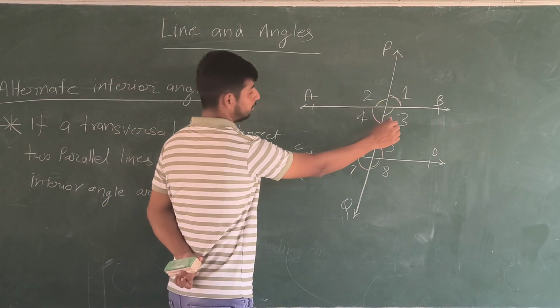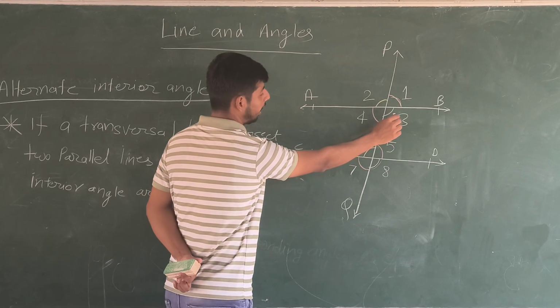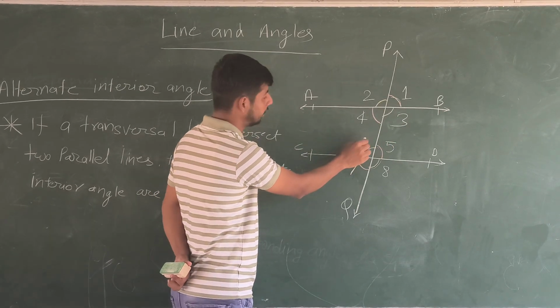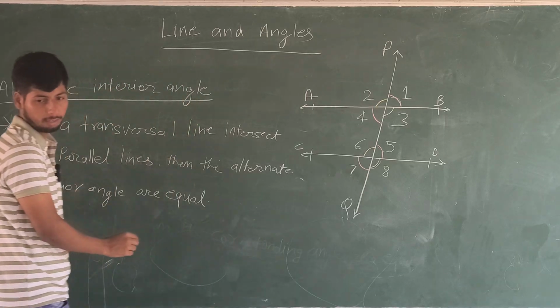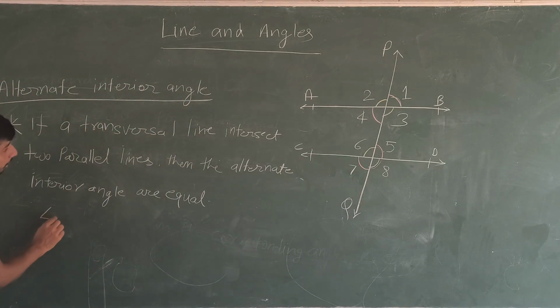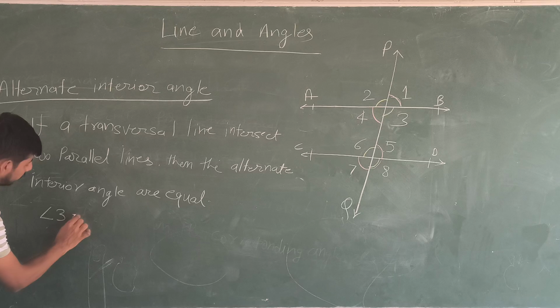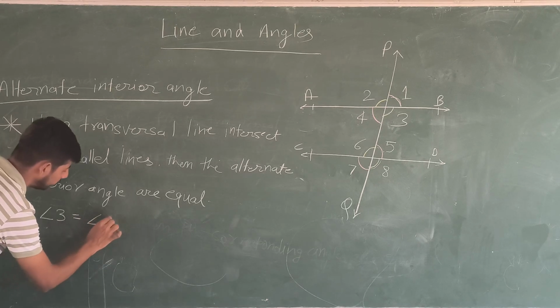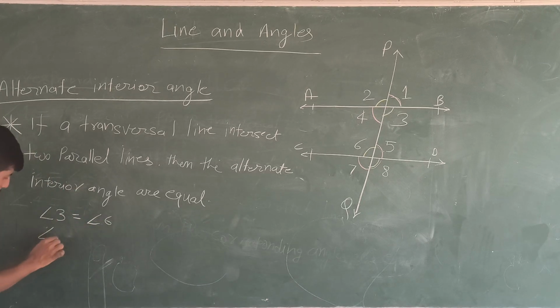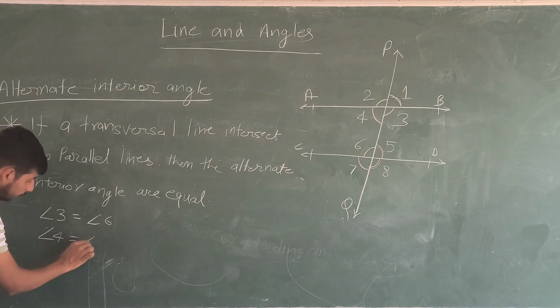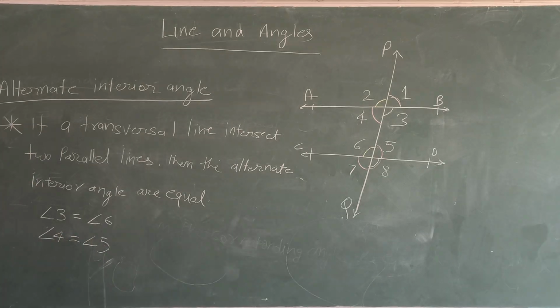Here by the figure you can note that angle 3 should be equal to angle 6 and angle 4 should be equal to angle 5. Angle 3 equals angle 6 and angle 4 equals angle 5.